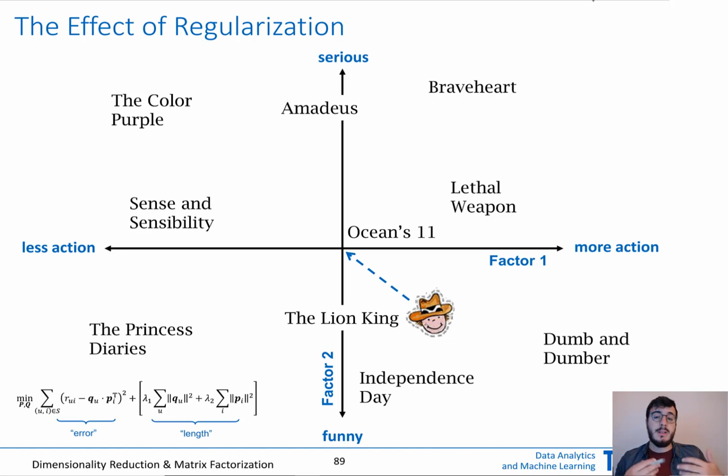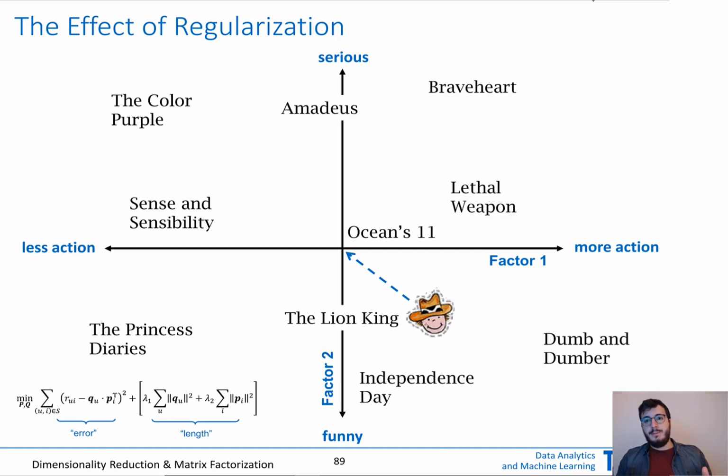This makes sense not only from the point of view of overfitting, which we've discussed in previous lectures, right? Having smaller length means we have smaller influence on the prediction, but it also makes semantic sense, because the closer we are to the middle, the more undetermined we are. We're not sure if the movie is serious or funny, or has less action or more action.